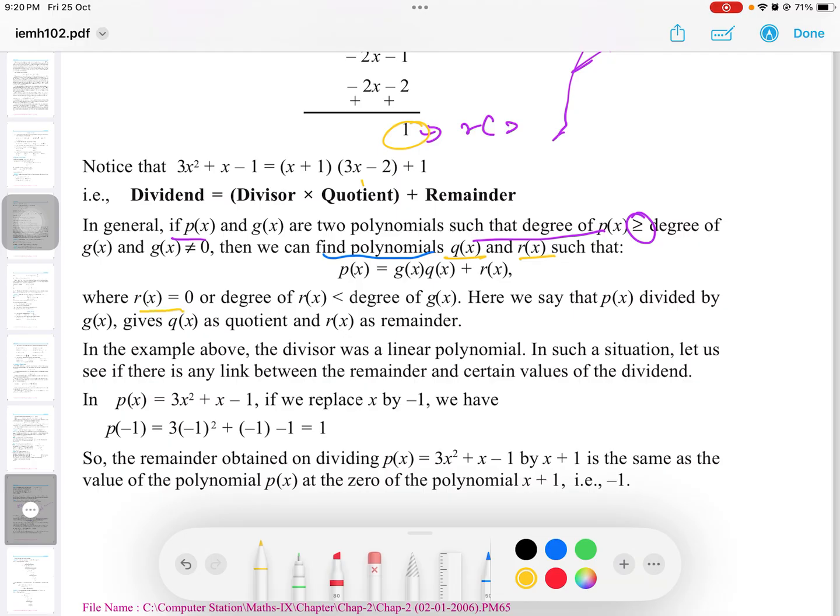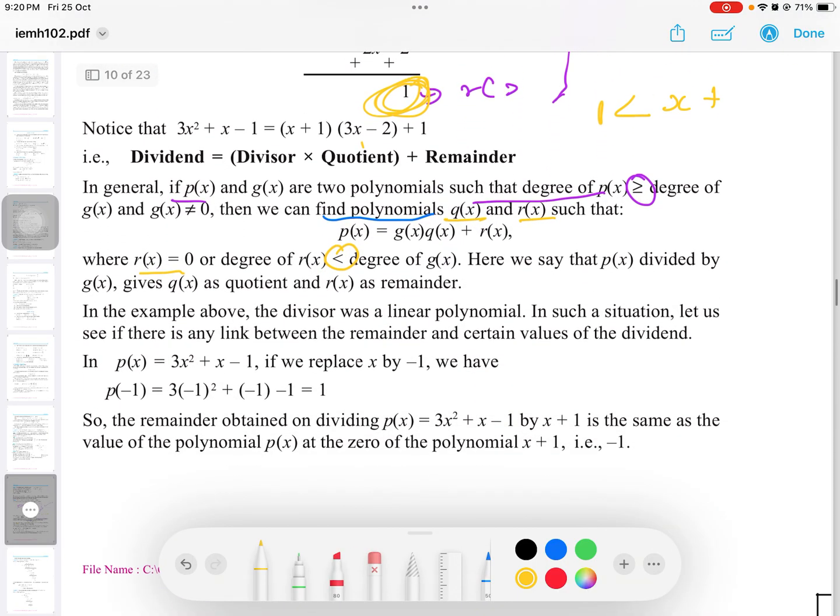Now where r of x, that is this, has degree less than the degree of g of x. The degree of x plus 1 is 1, and the remainder's degree is 0. If it's a polynomial, it always should have a variable, so that variable is x in the power 0, so its degree is less than 1.